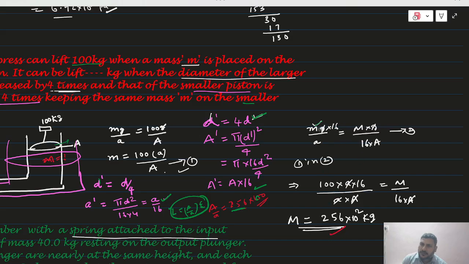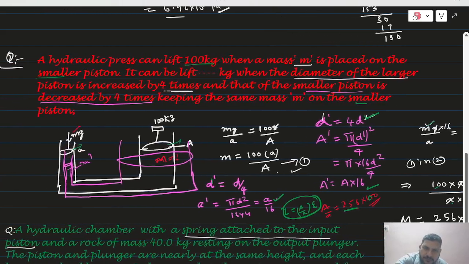Now small m is equal, I know already, 100 into small a by capital A, 16 by a. So here the small m from equation 1 is substituted here. This is equation 2, this is equation 1. Substituting, you will get the answer. You understand, right? So this is 256 into 100 kg. That much weight I can lift.